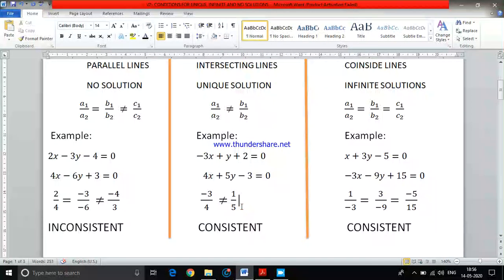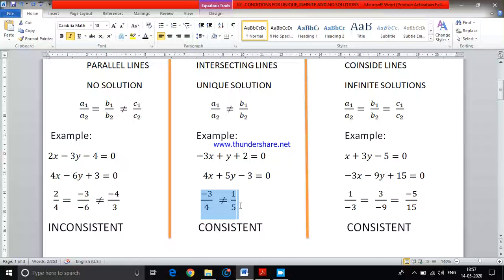When you come to unique solution, here I have a1 upon a2 not equal to b1 upon b2. Now I am not having any relation with c1 upon c2. Whether it is equal to c1 upon c2 or not, it doesn't matter. The only thing is a1 upon a2 must not be equal to b1 upon b2. That is the condition for a unique solution.